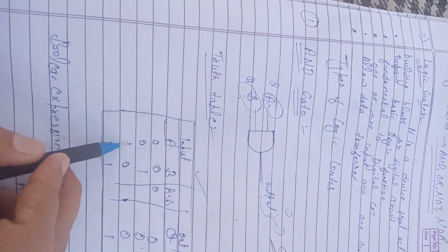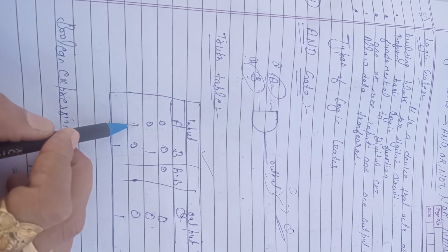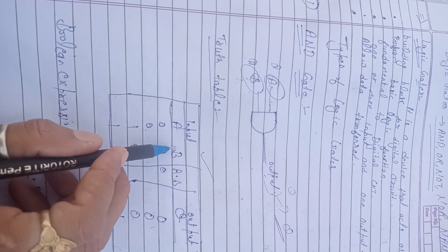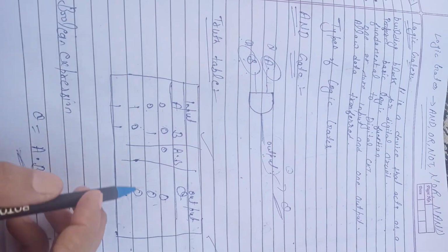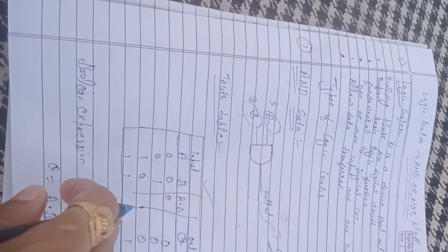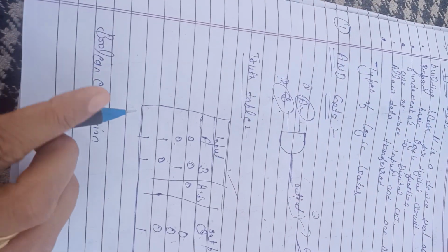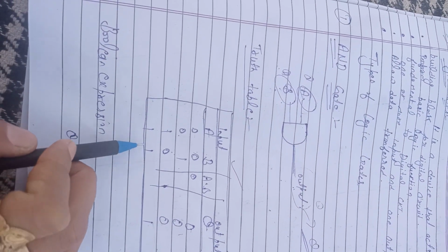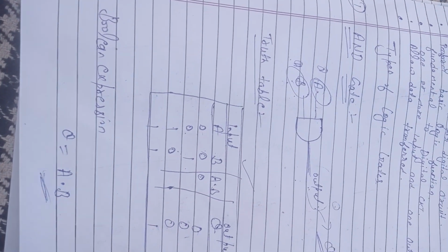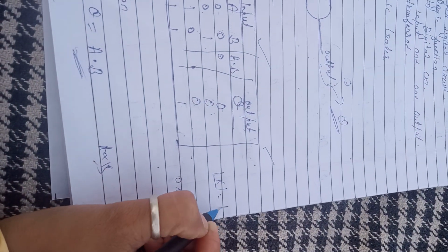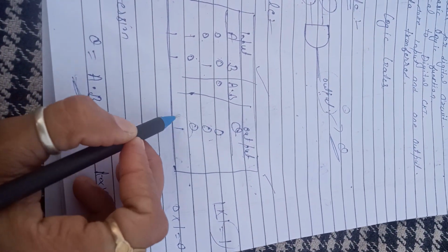Next, when we apply input 1 and the second input 0, it gives the output 0. And when we apply input 1 and the second input 1, 1 multiply 1 is equal to 1, so it gives the output 1.